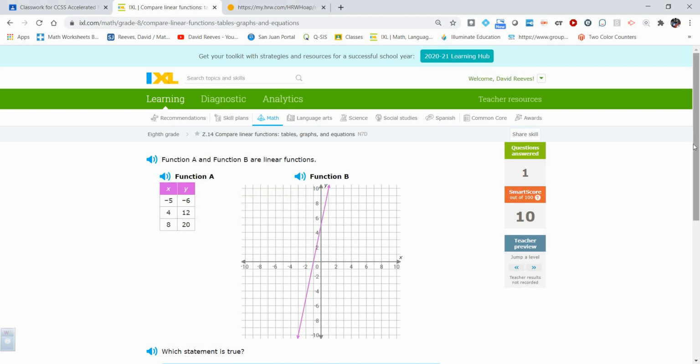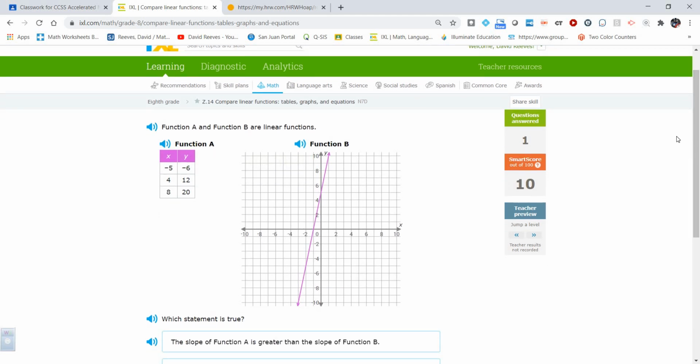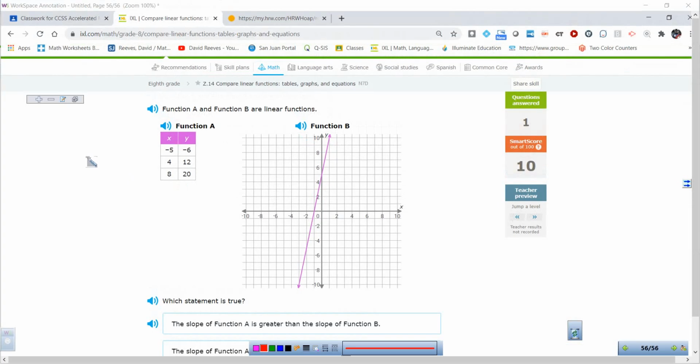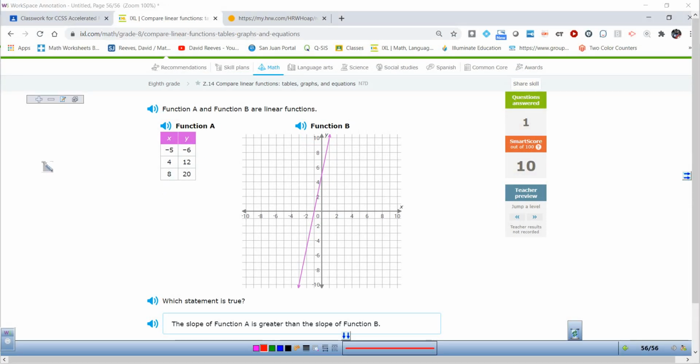Okay, this time, instead of giving us an equation and a table, they gave us a table and a graph. And once again, they're asking us to compare the slopes. So again, slope in a table is going to be change in y over change in x. If we take a look here at our change in y, negative 6 to 12, that goes up 18, right? And 20 to 12, that one goes up 8.